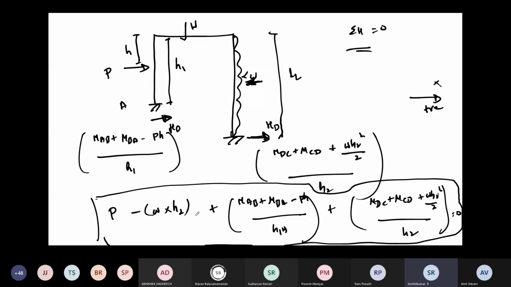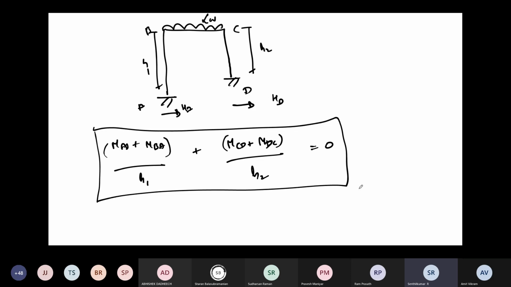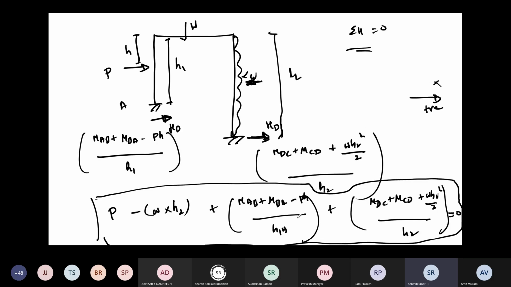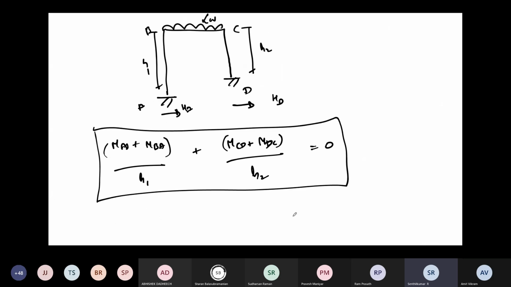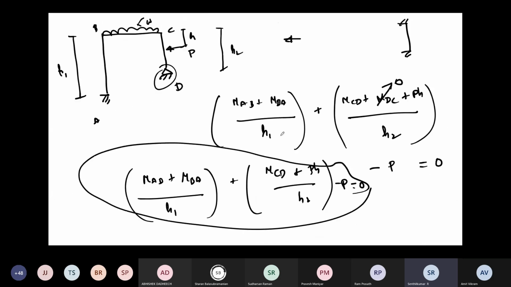So minus W into H2, the whole load, plus HA plus HD also, which is equal to 0. This is your generalized shear equation, whatever the loads are. So based on the changing of load, you can make this a 0, this a 0, these are also 0, and you can develop the different types of shear equations like this.